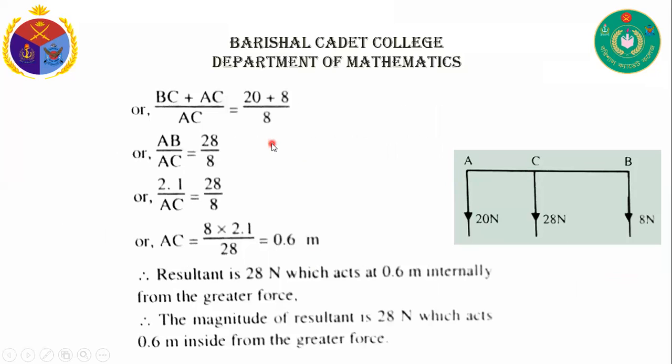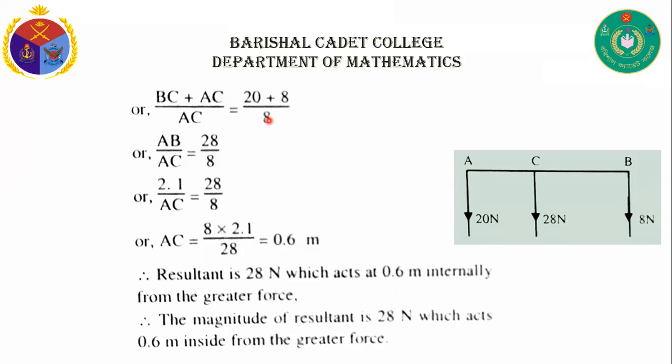And now we take componendo, that is, BC plus AC divided by AC equals 20 plus 8 divided by 8. Boys, write a note down here: for like parallel forces, always we do componendo. I again repeat, boys, write down this point.